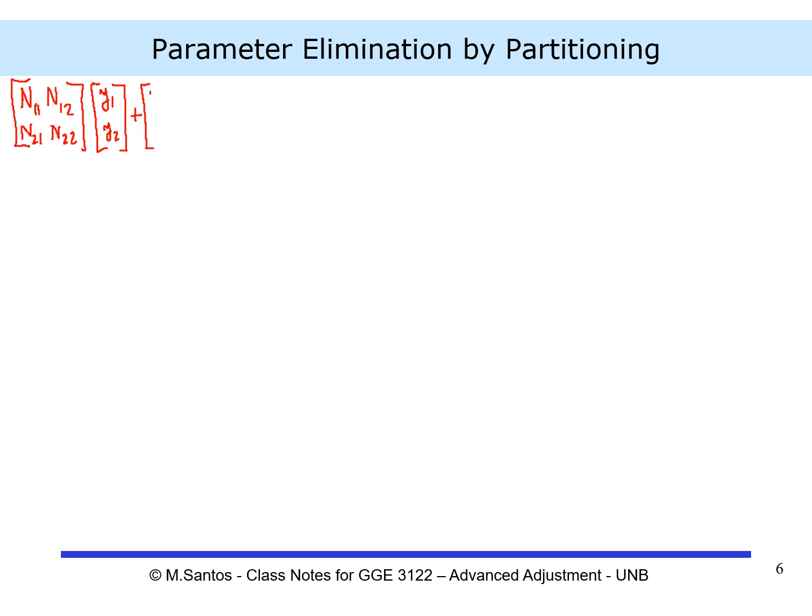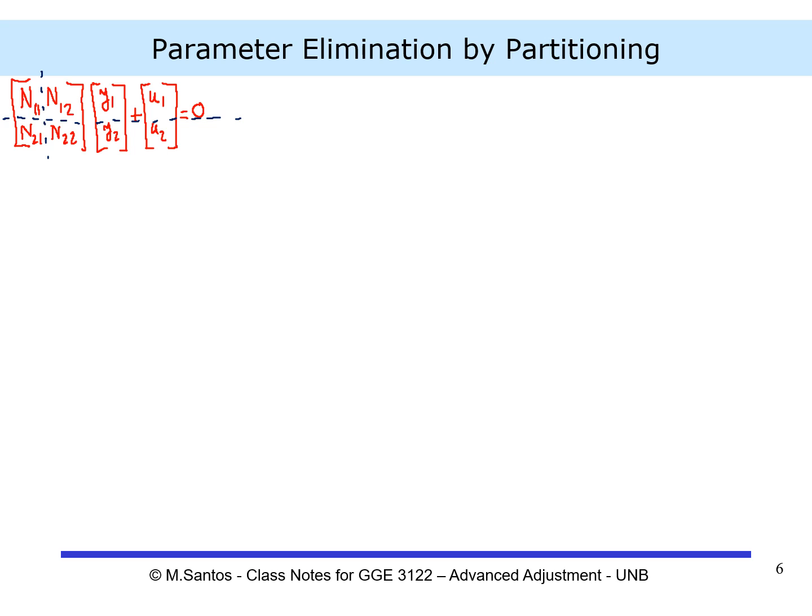Here we have u1 and u2 equals to 0. This is equation 4 in the notes, but I'm going to use a different numbering here. So if we go then and partition these, here is what we have. This is the effect of the partitioning.